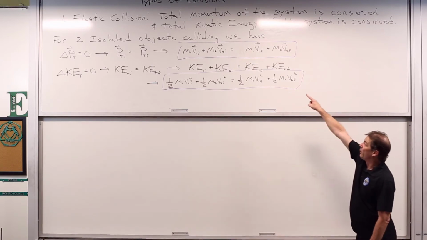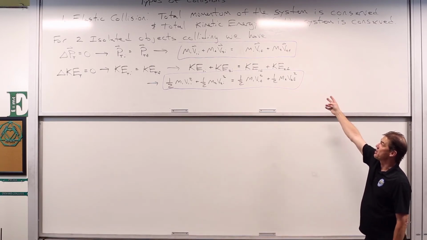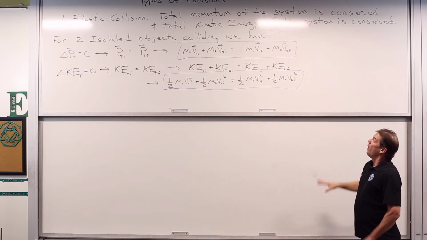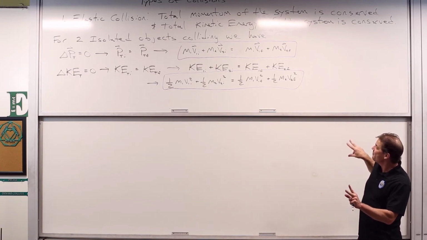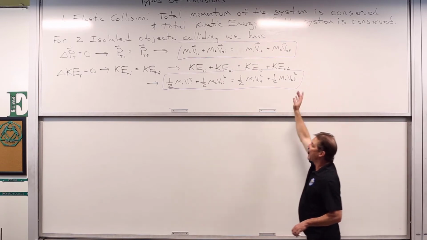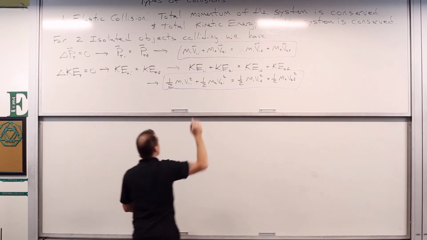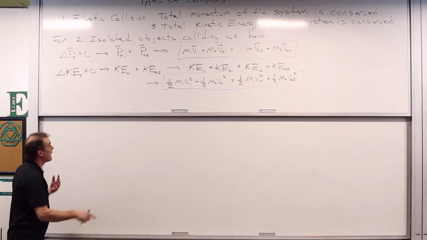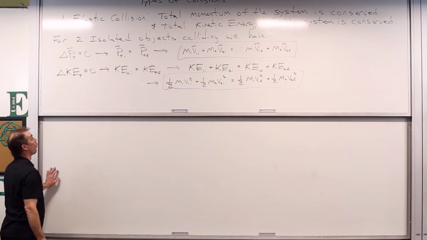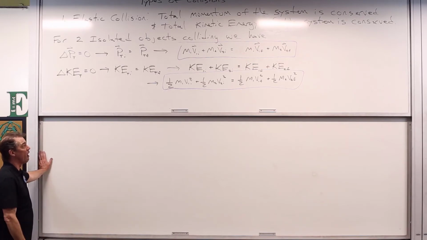Ultimately, what do we have? We got a system of equations that involve masses and velocities, initials and finals, right? Well, we're not going to go through all the algebra because it ends up being a lot, but it can be shown that utilizing those two expressions and doing some simultaneous solving here, that we can write expressions for what V1 final and V2 final are in terms of the masses and the initial velocities.